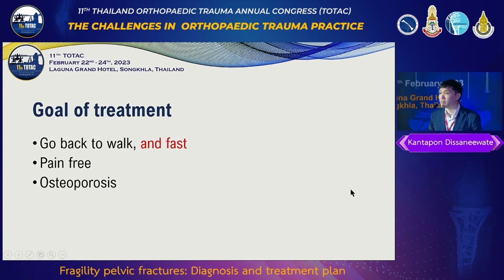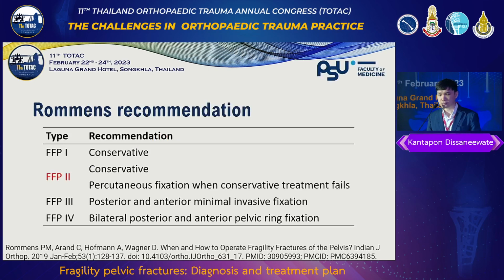So for the goal of treatment in this patient, what we want is for them to go back to walking, and we want them to go back to walking fast. We also want them to be pain-free, and don't forget to treat the osteoporosis. So what do they recommend? The Rommens recommendation is that for FFP type 1, you can go for conservative treatment most of the time.